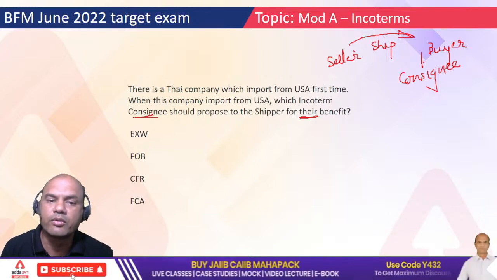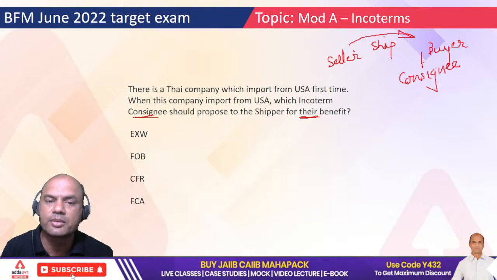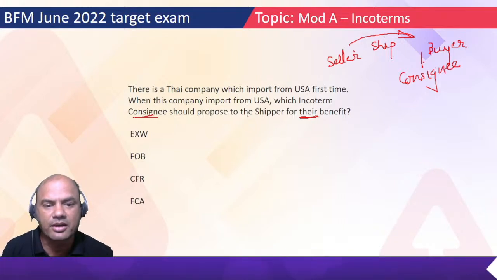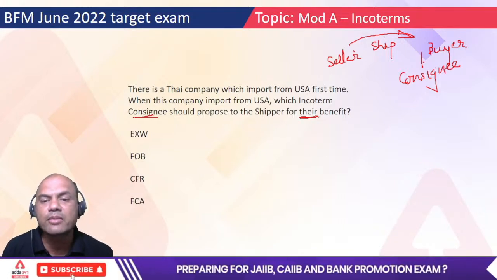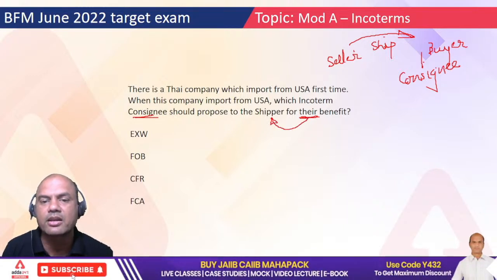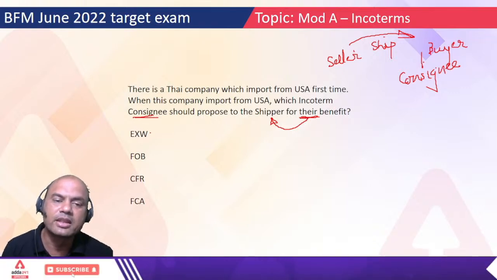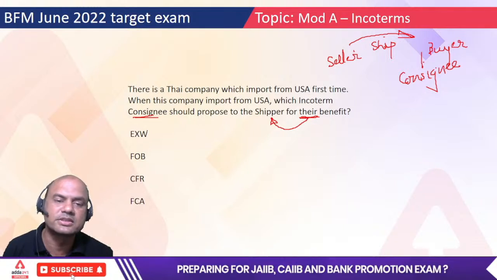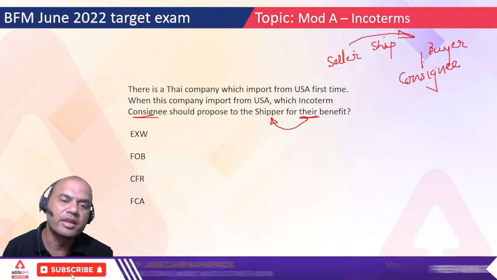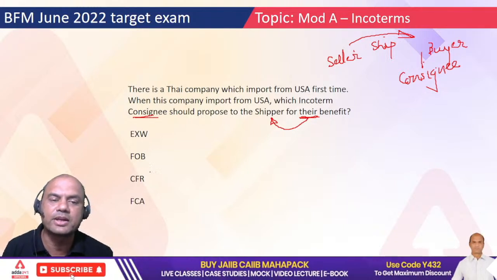So which Incoterm should the consignee propose to the shipper for their benefit? Their means the shipper's benefit. Which is the best thing for the shipper? Now everyone must be knowing this. A, B, C or D. Which one? Type fast.